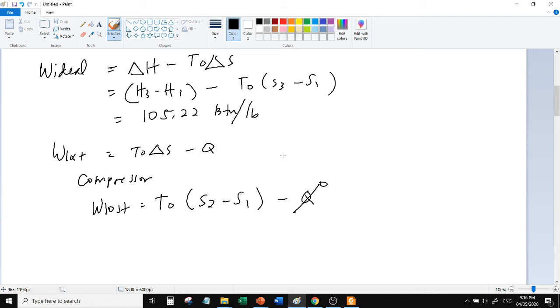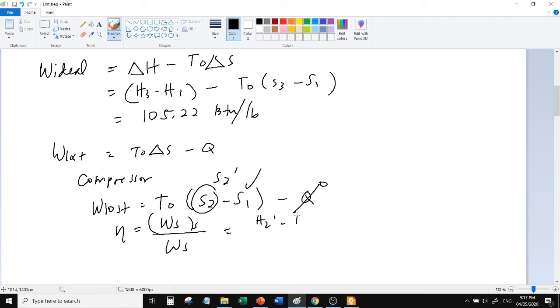Now, we don't know the H2, okay? But we just know, because we don't have S2. We have S2 prime. We have S1. So, to know S2, we use the efficiency of the compressor.